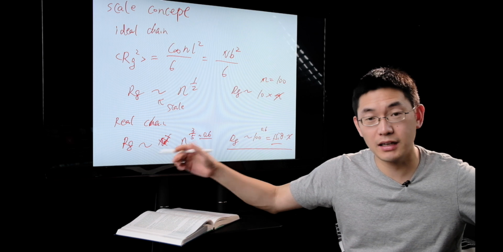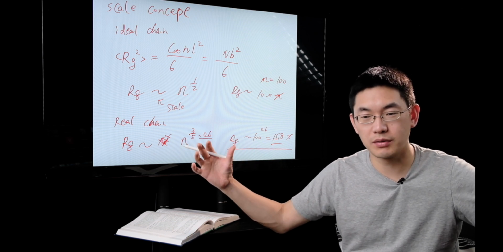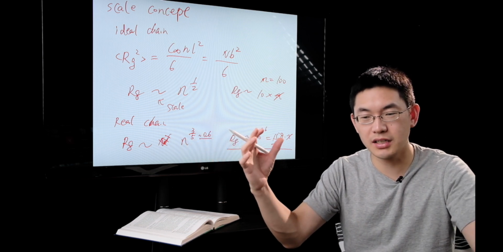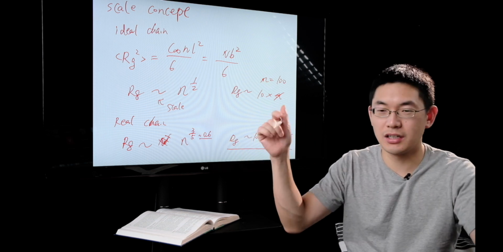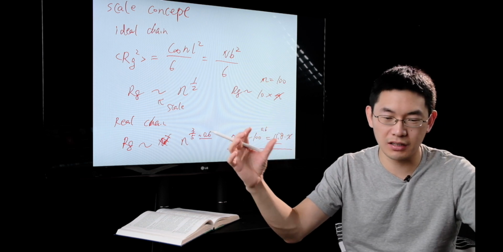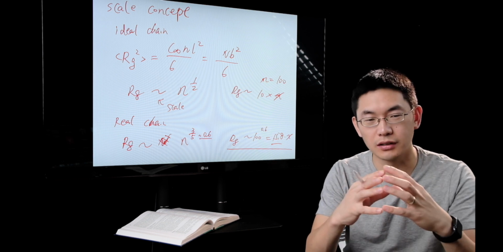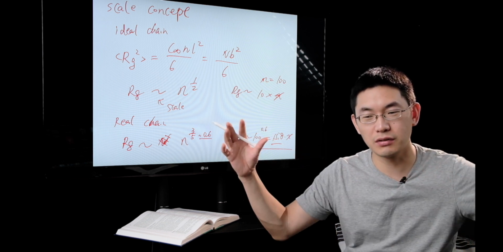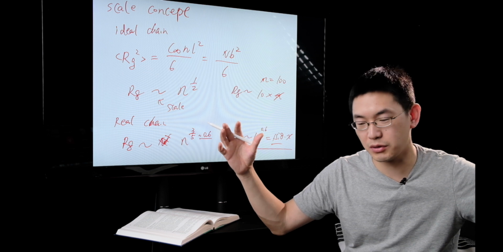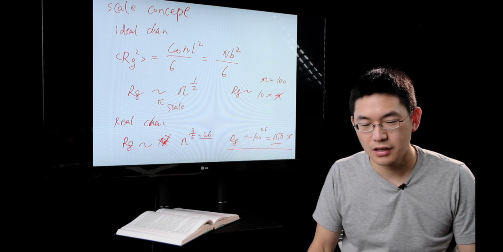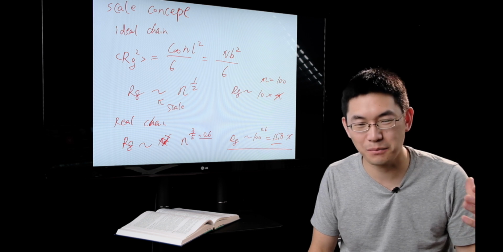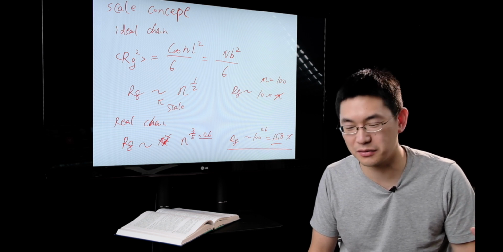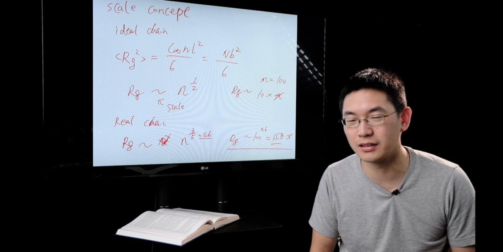But if you keep adding bad solvent in this particular solvent, the polymer is going to shrink. And as you can imagine, it will pass where it's an idealized chain. If you add too much, it will collapse down to a globule. If you add too little, it will still be bigger than what you had in the idealized chain. But you could happen to have a polymer configuration behave exactly the same as an idealized chain.